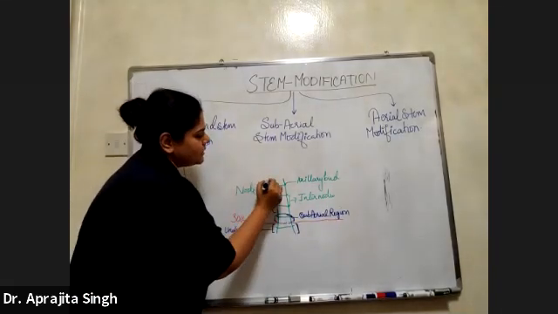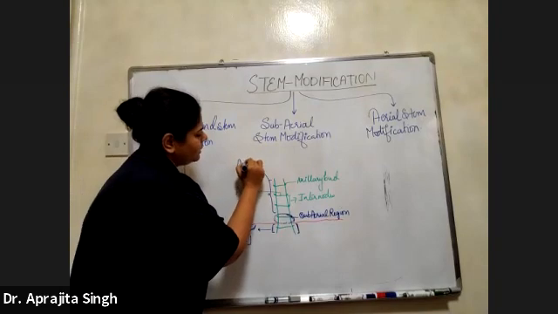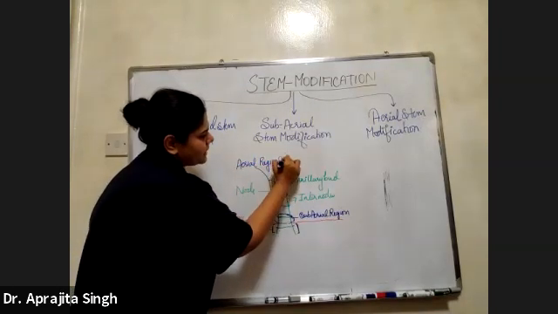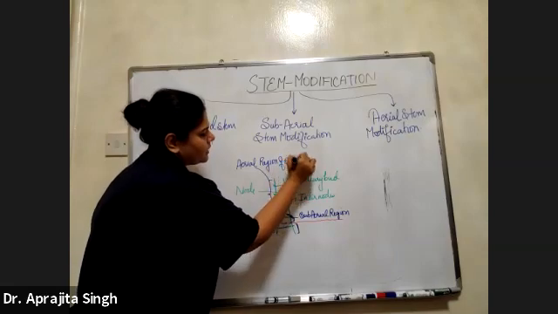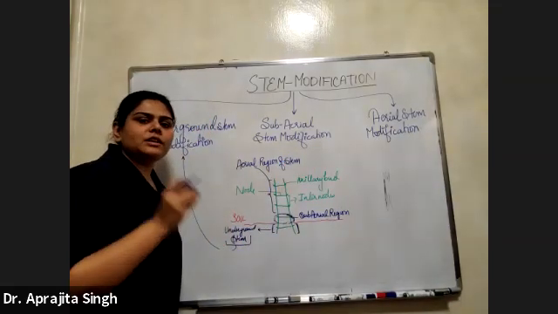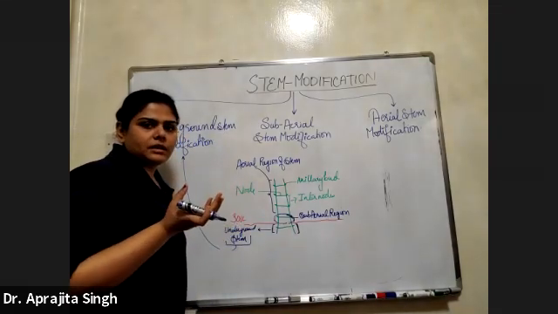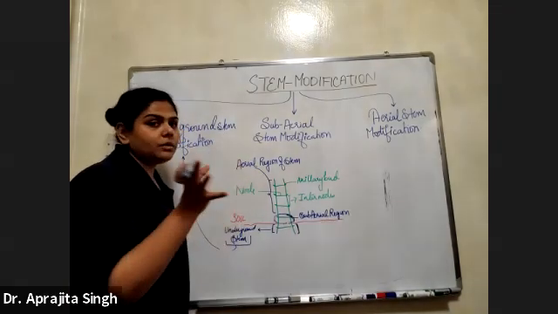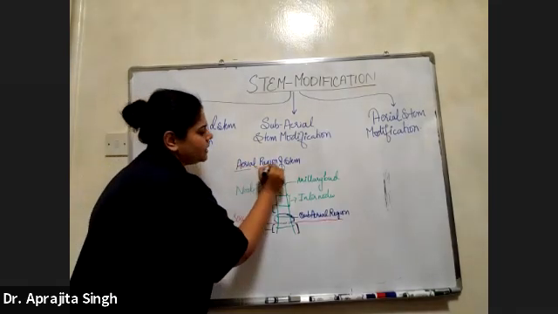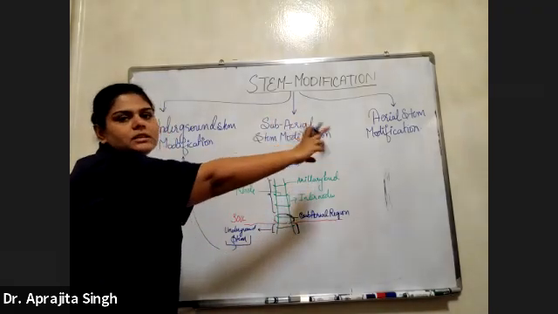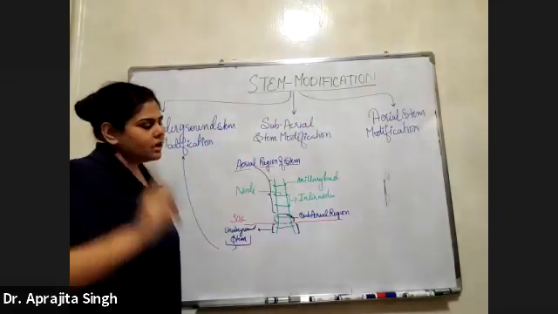So this is known as the aerial region of stem. And if some modification happens in this area, we count it in the aerial stem modification, our third heading.